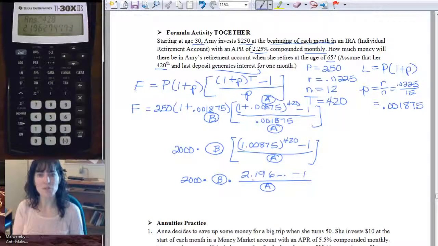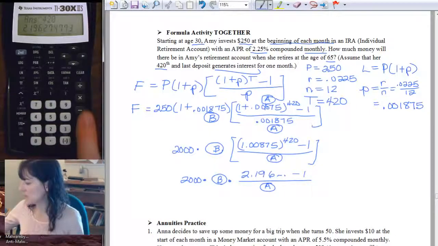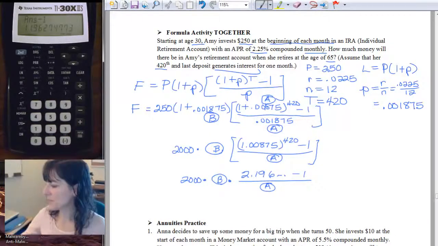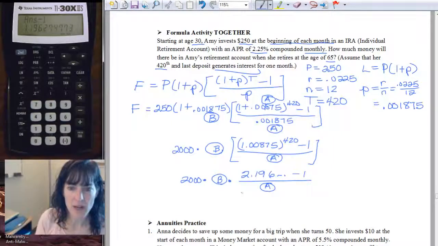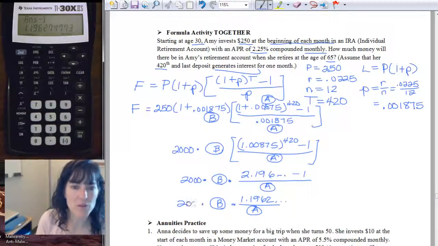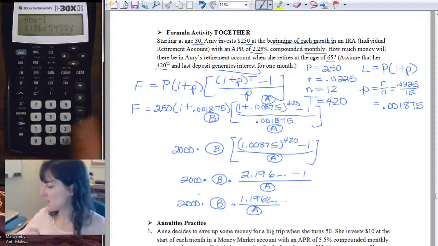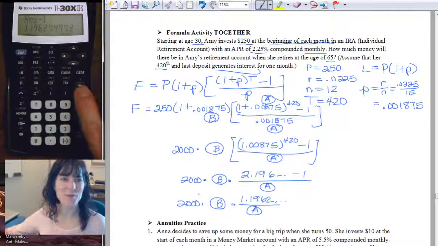So that's where I am so far. Subtract off the 1, so minus 1, and now I have 1.1962 on and on, divide by the A, that'll come next, and then multiply by B, and then multiply by 2,000. Okay, and I might combine steps a little bit, so I'm hoping you can follow along.